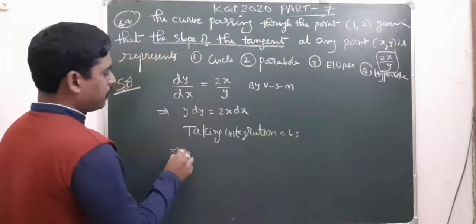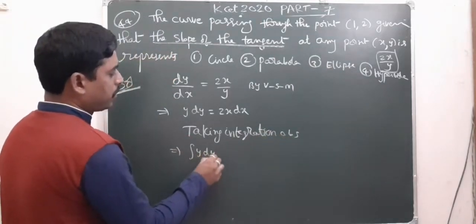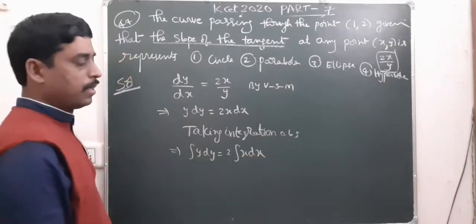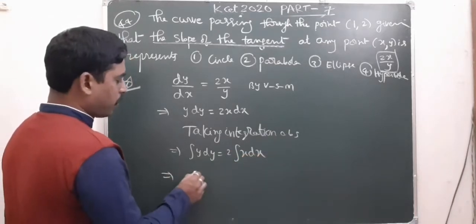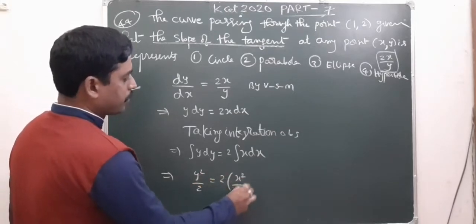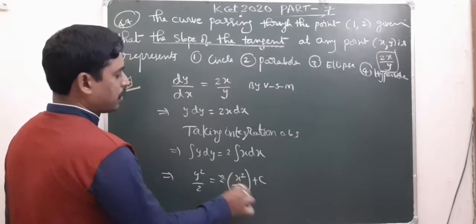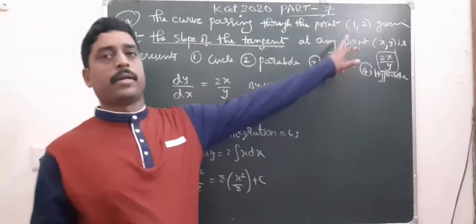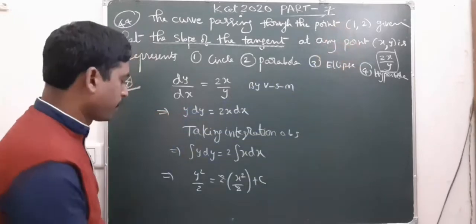So integral y dy is equal to integral 2 constant x dx. So y dy is nothing but y square by 2 is equal to 2 into x square by 2 plus c. 2 get cancelled.